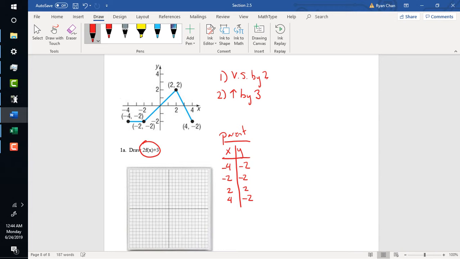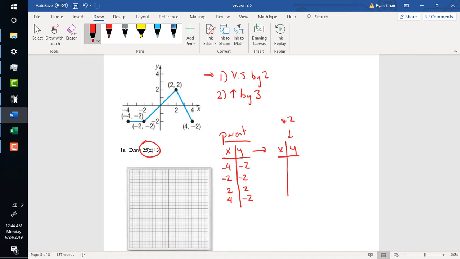Okay, remember, number 1, the vertical stretch by 2 must go first. Then the vertical shift up by 3, because multiplication goes before addition. So I'm going to do my first operation. Vertical stretch by 2, that means I'm going to multiply my y's by 2.